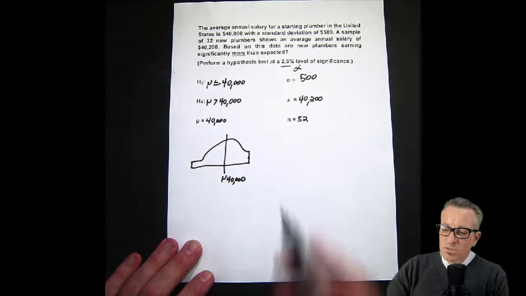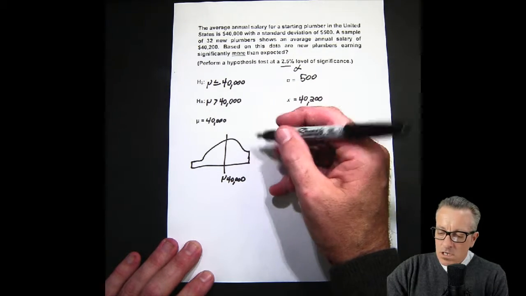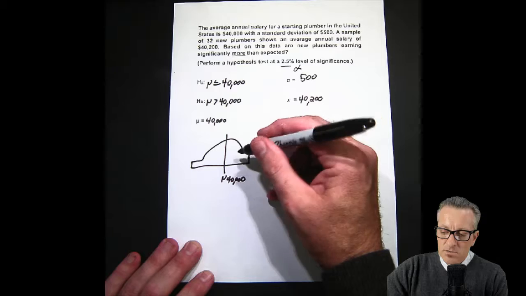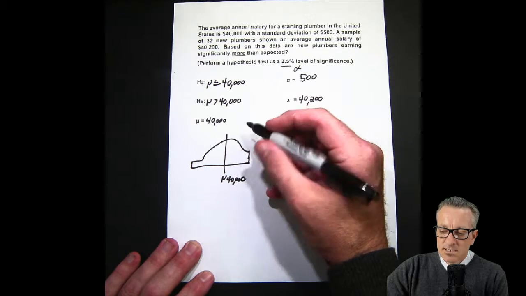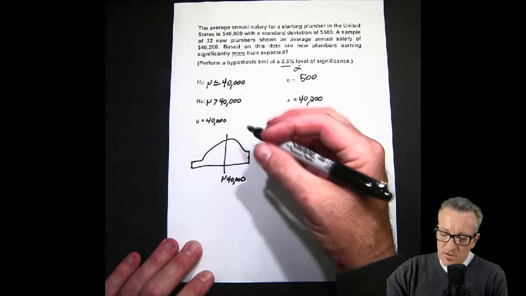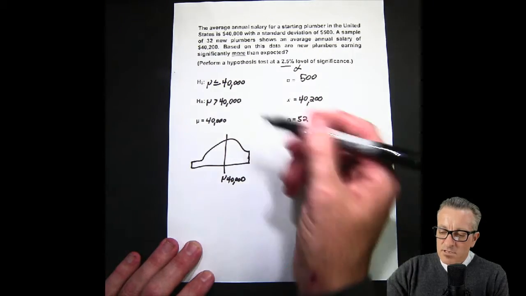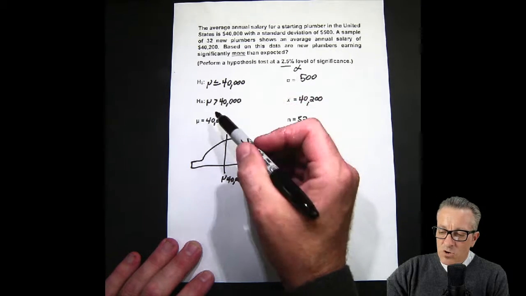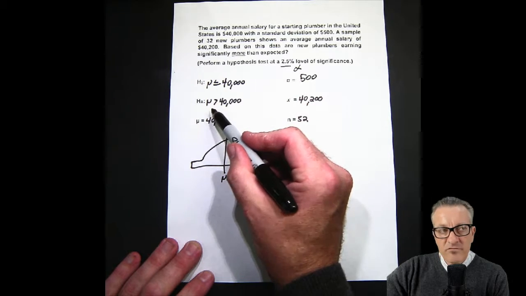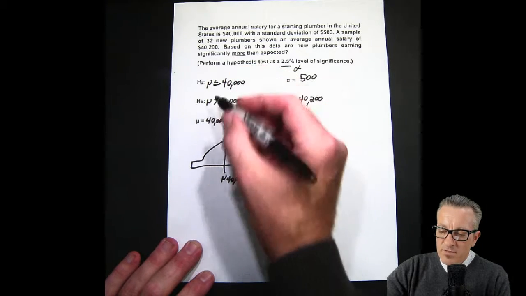Okay, so the area of interest that we're looking to see if our test statistic gets inside of, because we're going to use the rejection method, is on the left or right of this. So the area of interest is always identified by the direction of the alternative hypothesis inequality.